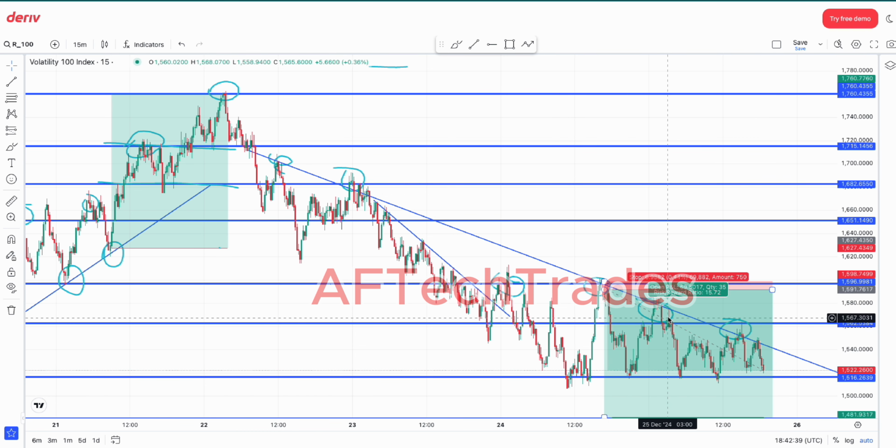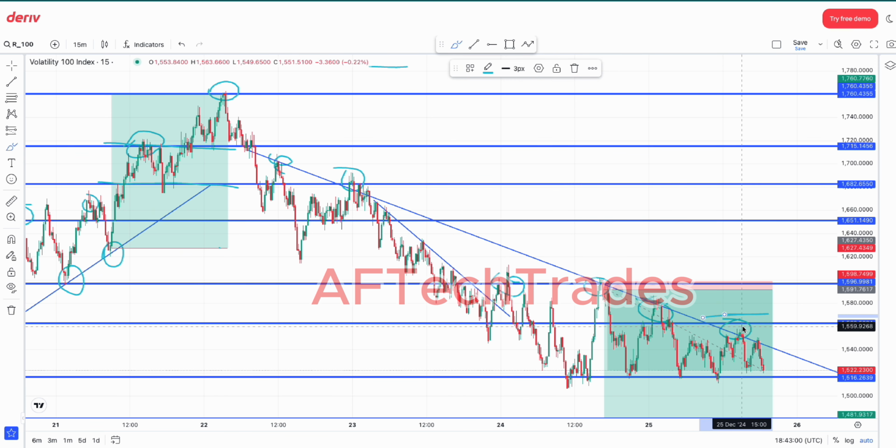Even if this market decides to change, if there's a shift in market structure, it will take you out with no loss. I hope you get. So once you are in profit again, you keep moving your SL. You move your SL here, but you need to give a little bit of breathing space. If you didn't give breathing space here, you see what happened?